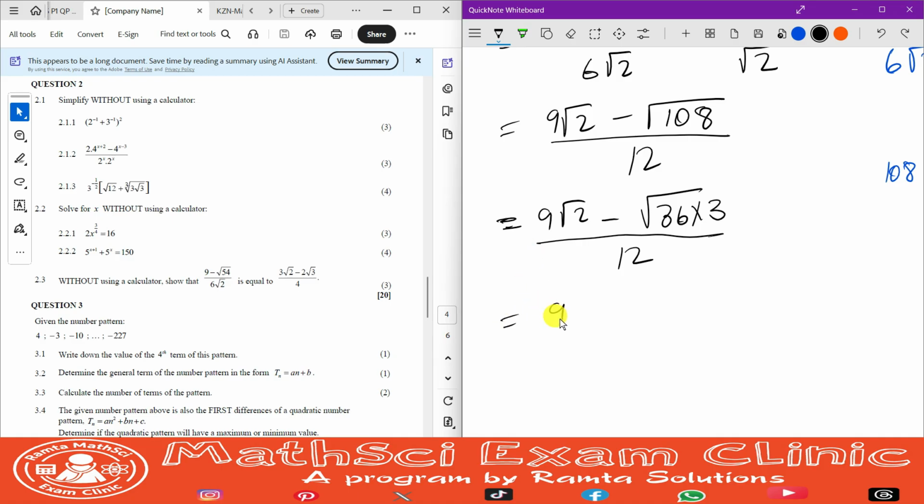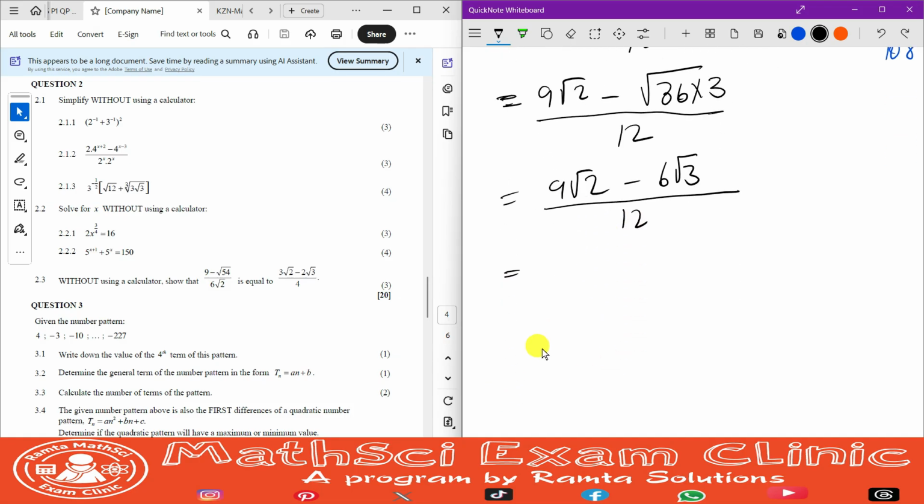This becomes 9 root 2 minus 6 root 3 all over 12. Now here, we look for the highest common factor. The highest common factor here will be 3. 3 goes 3 times into 9.